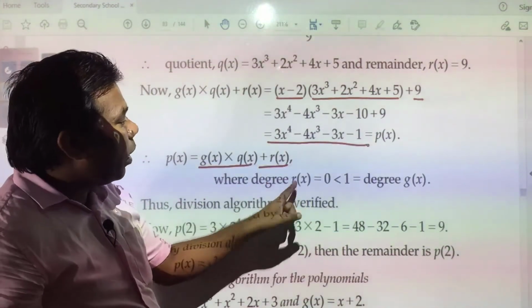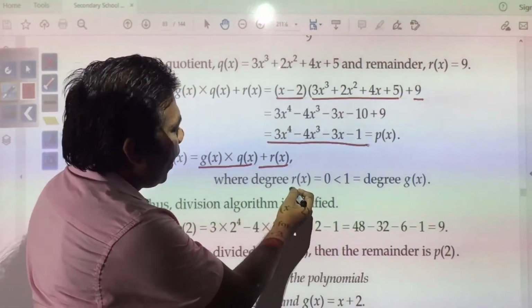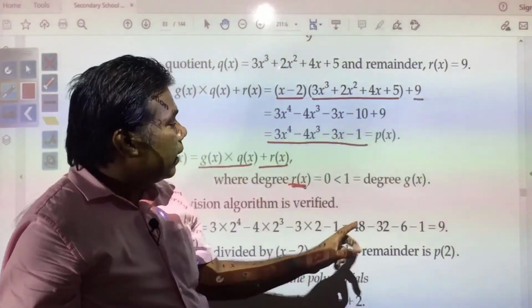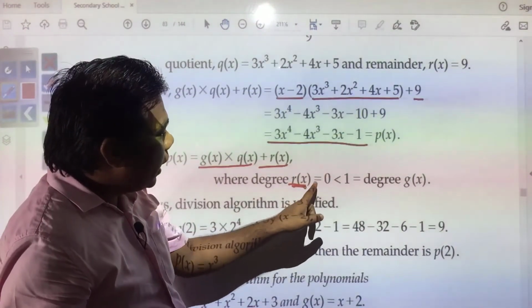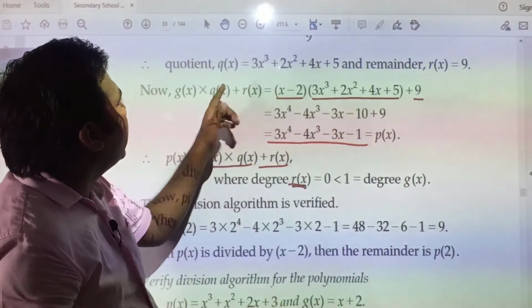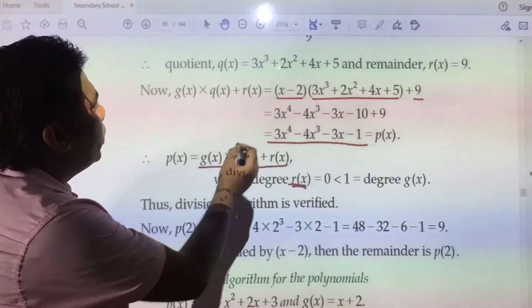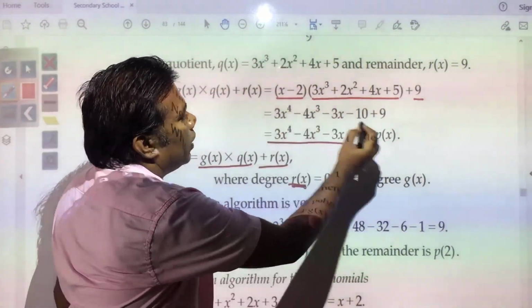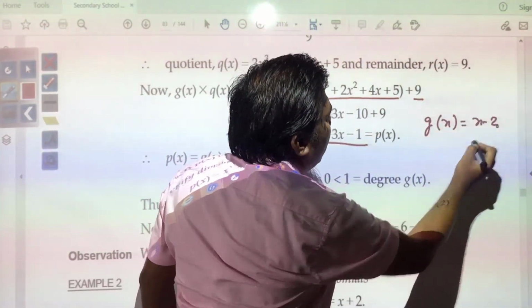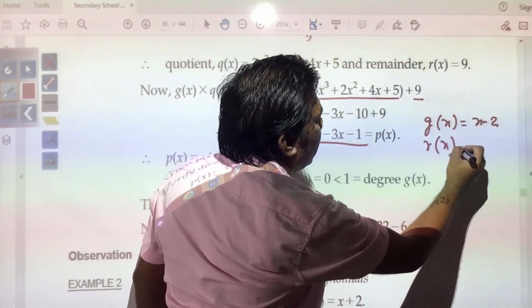And where degree of R(x) you see, here you have degree of R(x) is what? 0. So that should be equal to 0 or lesser than degree of G(x). So that is there, your G(x) is x − 2, and R(x) what you have got, that is 9.